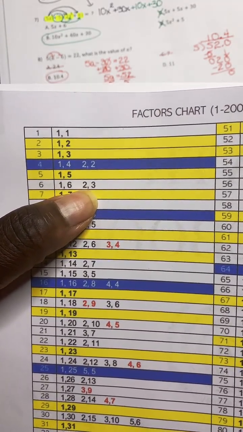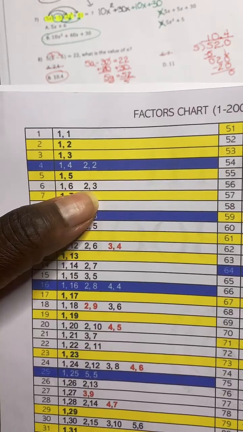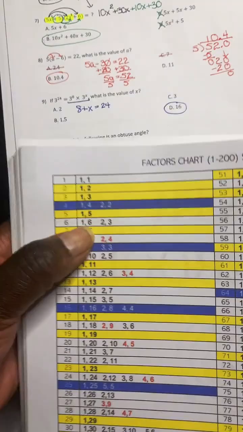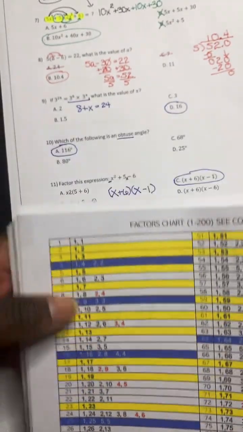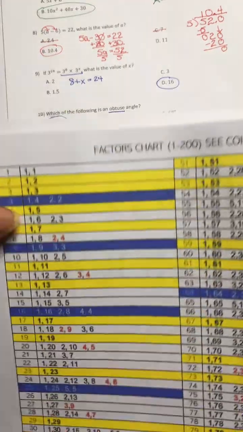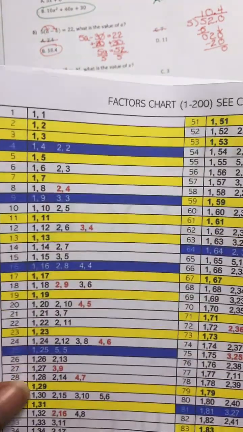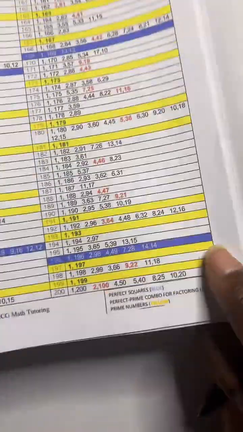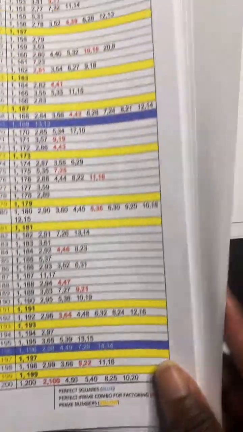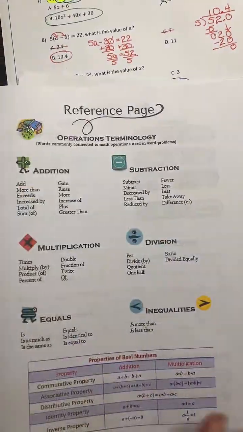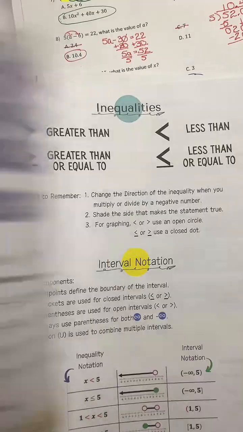So I know I would have to play around with the negative sign to get my negative 6, then see what arrangement will give me a positive 5. That's why I have these factor sheets. I go from 1 all the way to 200 because we're going to be doing advanced stuff. This is algebra, so this book is for algebra and algebra 1.